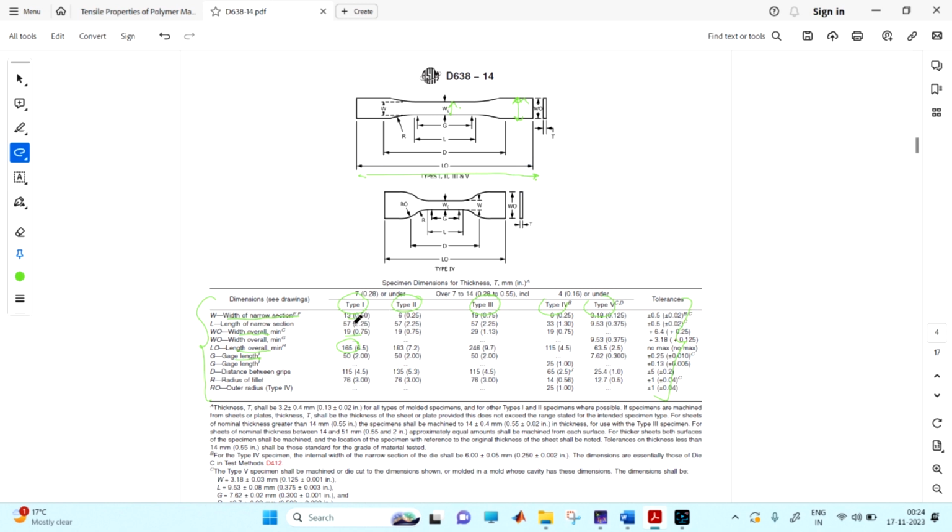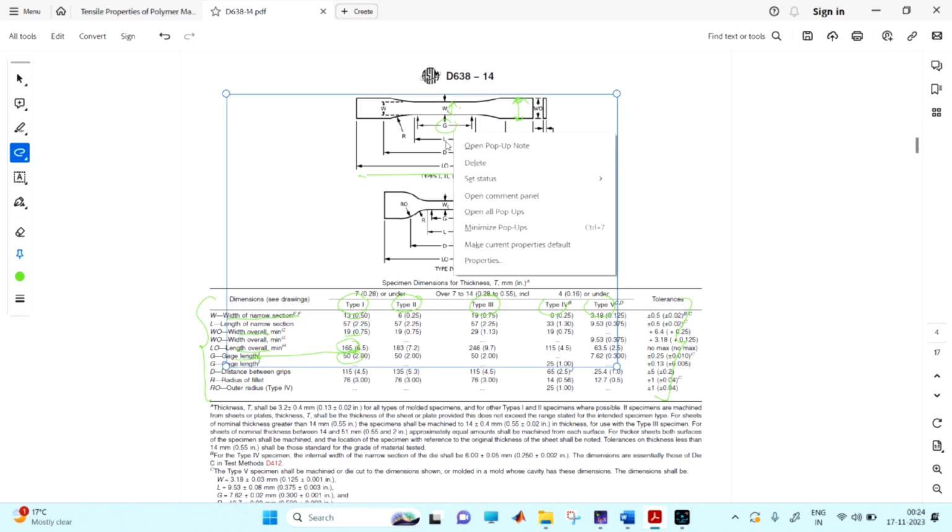And the gauge length, which I am actually interested in, is 50 mm. And what is L? If you see, L is 57. When we make the fillet radius, and it meets the straight lines, it will not be completely straight at that point, so they have given this length. That's why it is 57 while the gauge length is 50. They also have 3.5 and 3.5 to incorporate that.